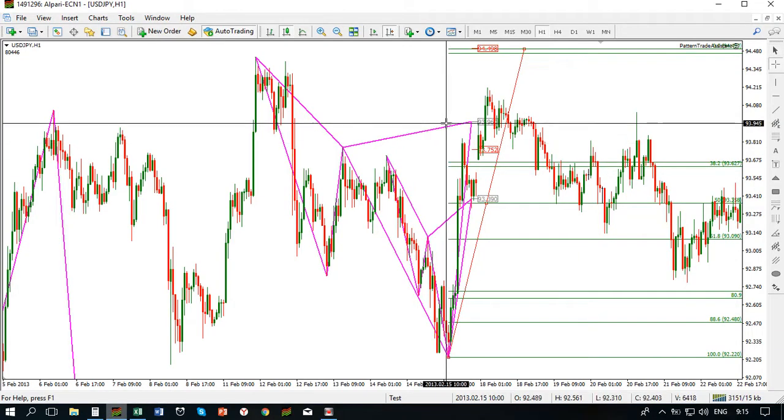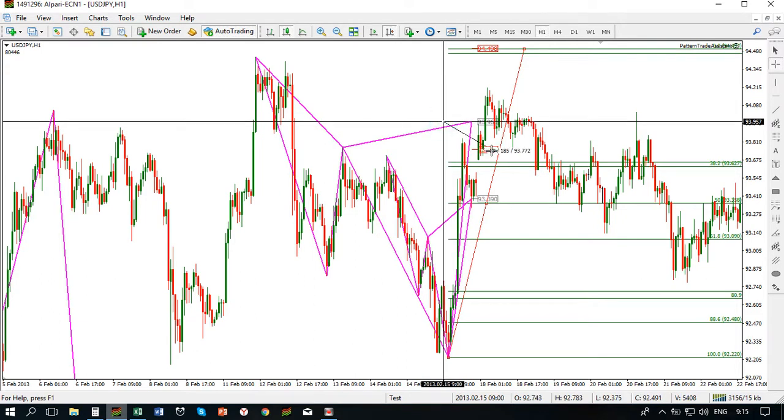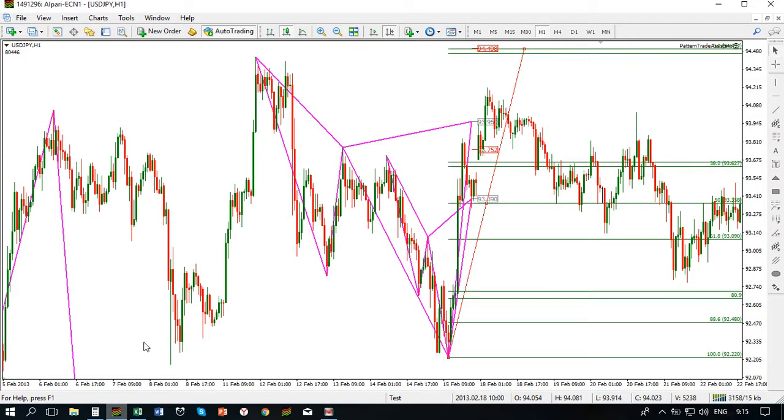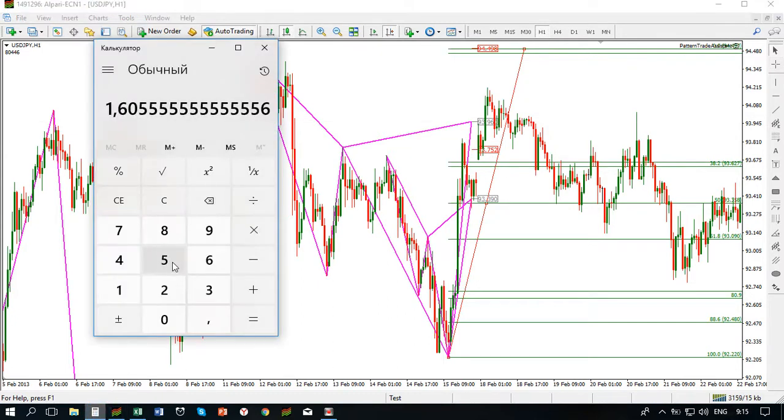And let's calculate it for 382 targets. It should be this. 33.0 divided by 54.0 is 0.61.